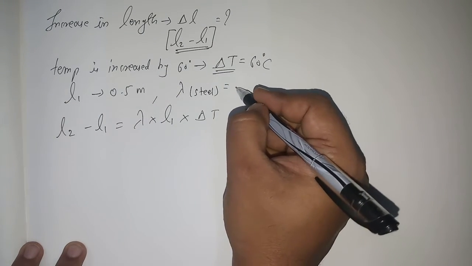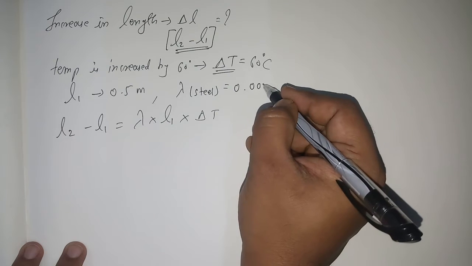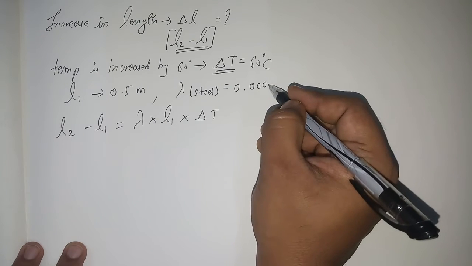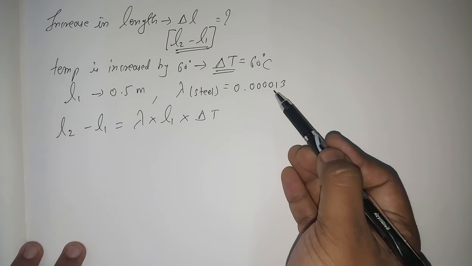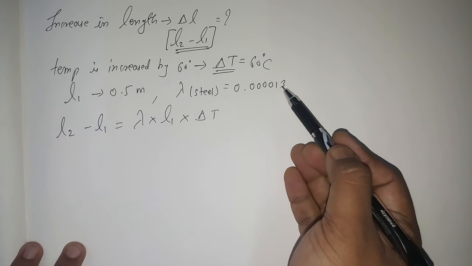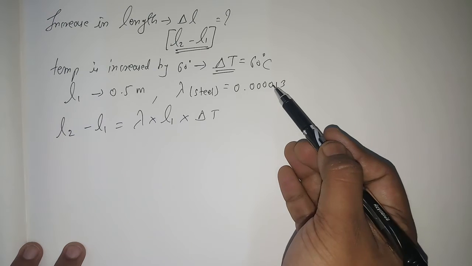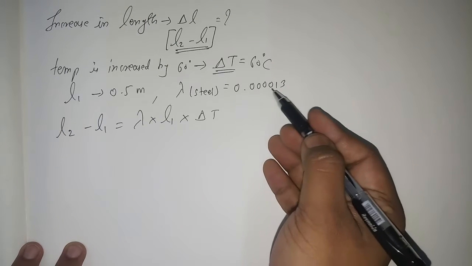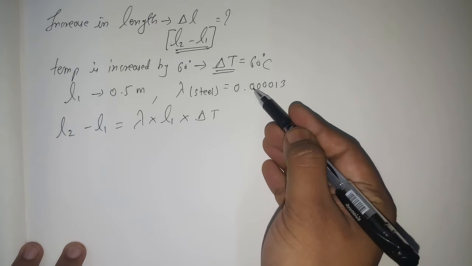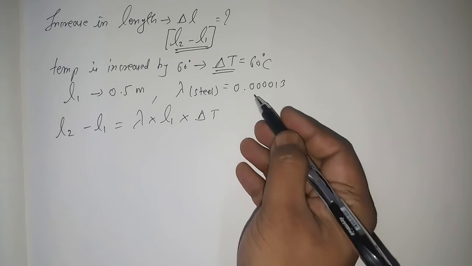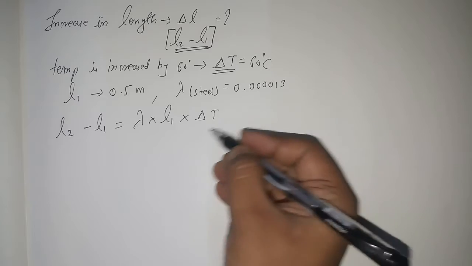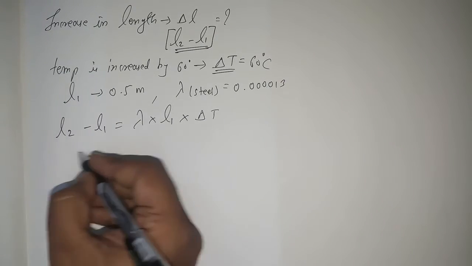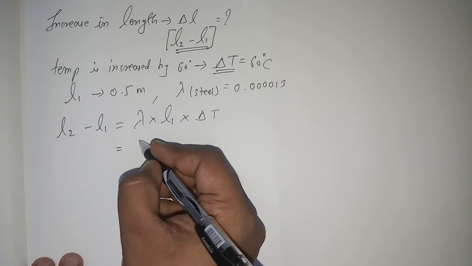Lambda for steel is 0.000013, or we can also write 1.3 into 10 raised to minus 5. Okay, so done. L2 minus L1 they are asking.